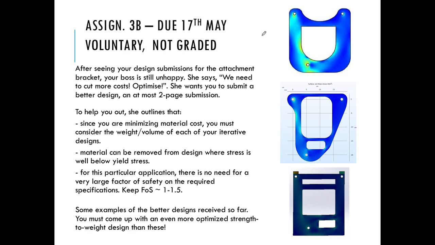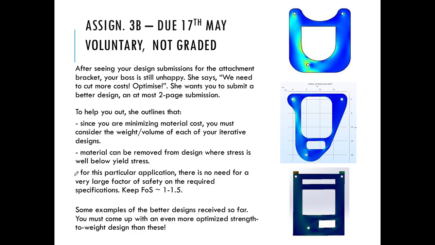So I want to give you another opportunity before I give you the final optimum solution. Please note that this is voluntary, it will not be graded, and all I want you to do is, instead of just carrying on increasing the size of the inspection chamber, to try to perform some sort of an optimization. To help you out, I've outlined some useful methods.